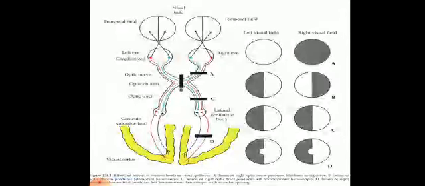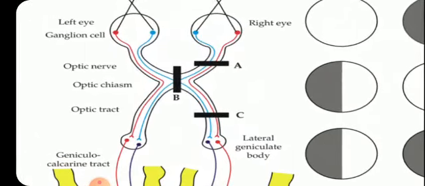So, now I take you all to the next portion, which is basically the effects of lesion at various levels of the visual pathway. Can you see a black line? I'll just slightly enlarge this. Can you see there at the optic nerve, a black color marked, which you need to read as lesion A, which is a lesion of the optic nerve of the right side.